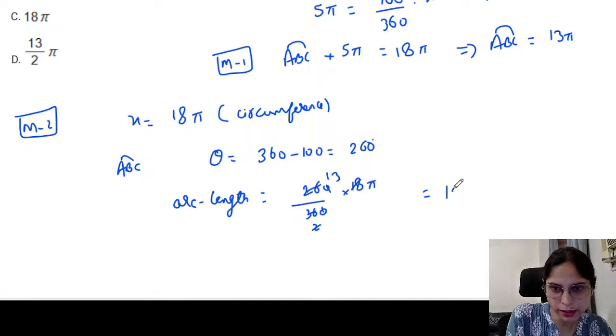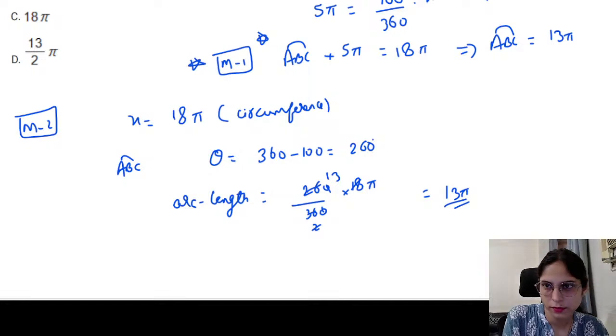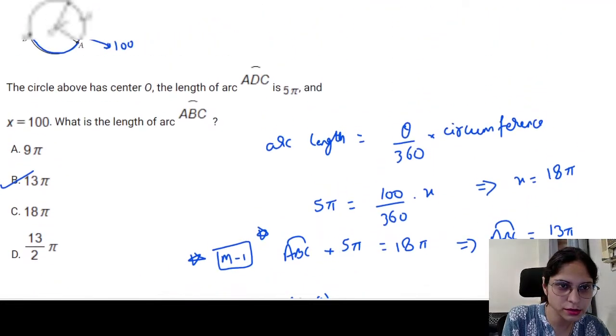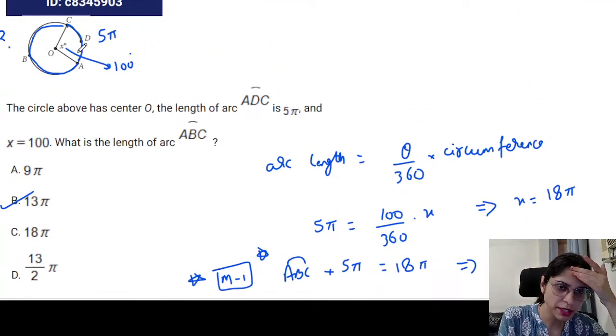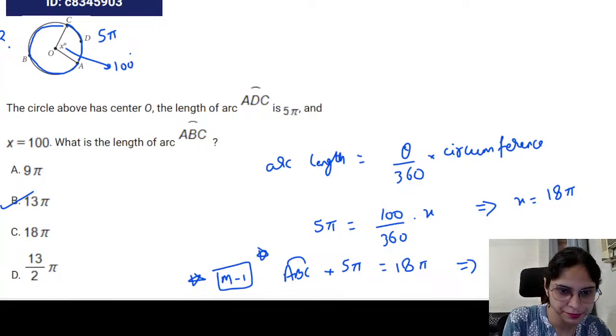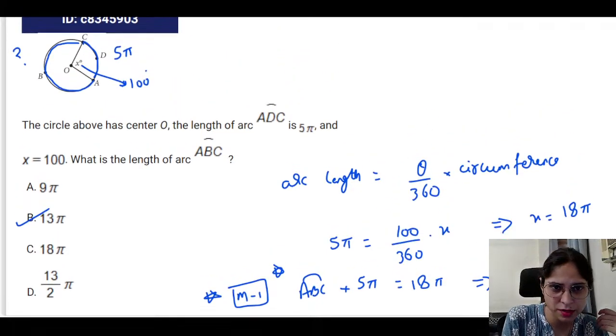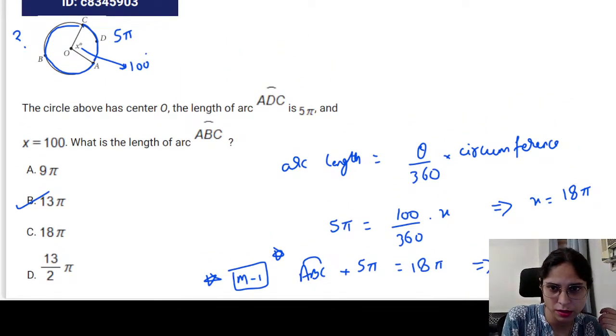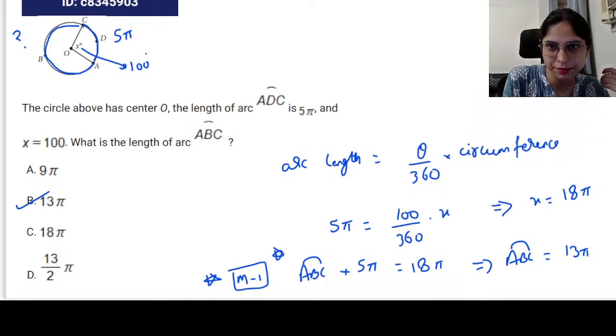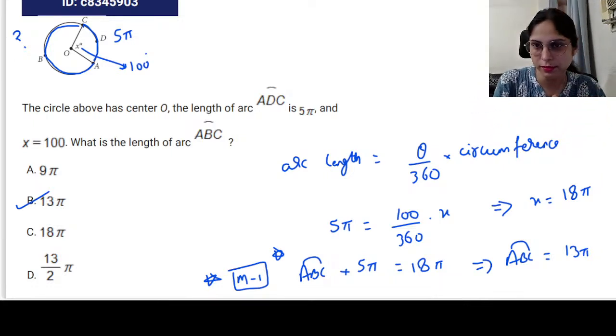From here also you will get 13 pi. But I prefer method 1, because you just need to get the circumference and then subtract the minor arc from it. Got it?